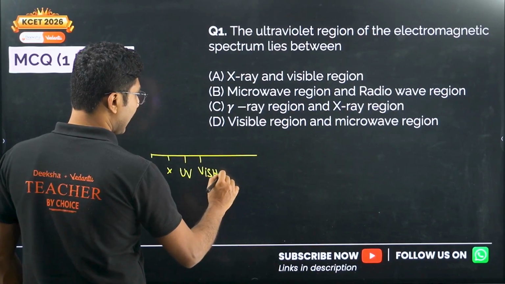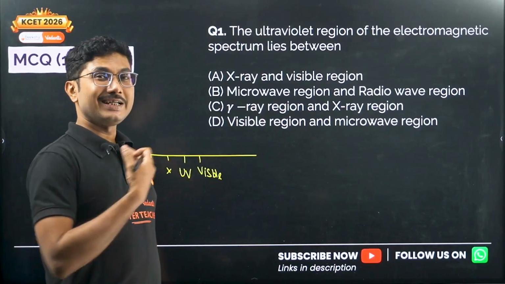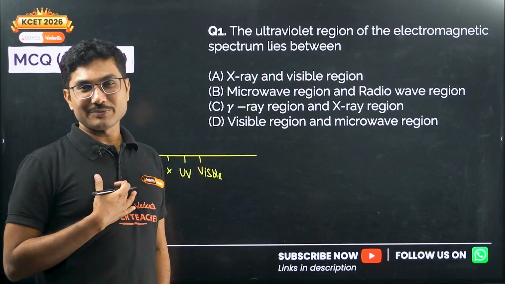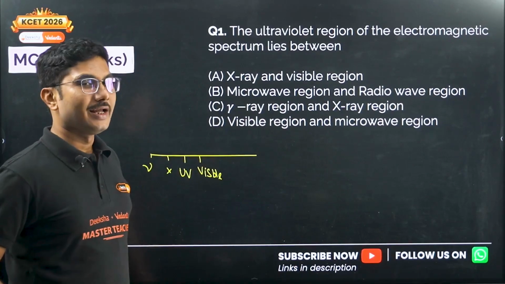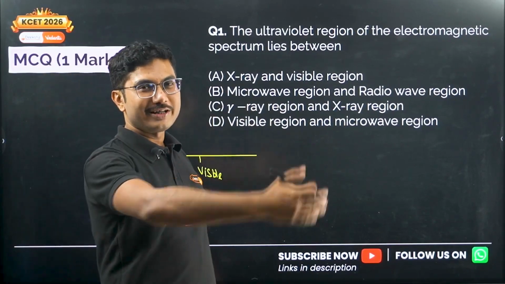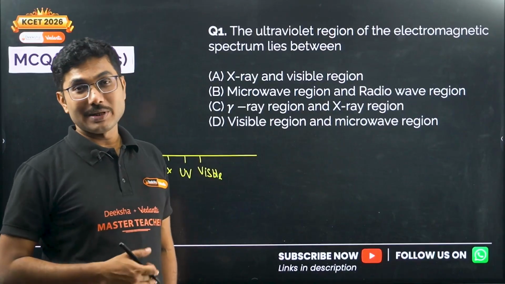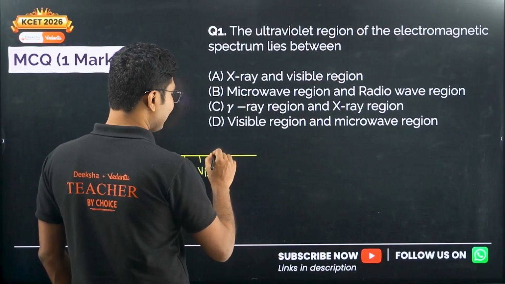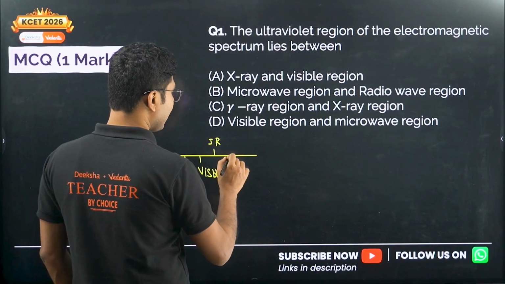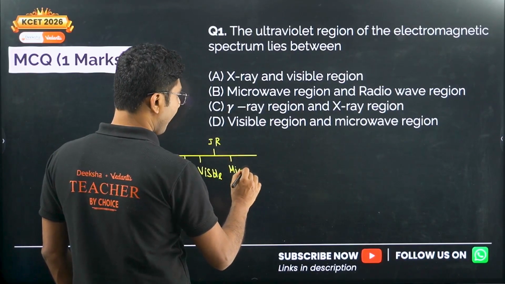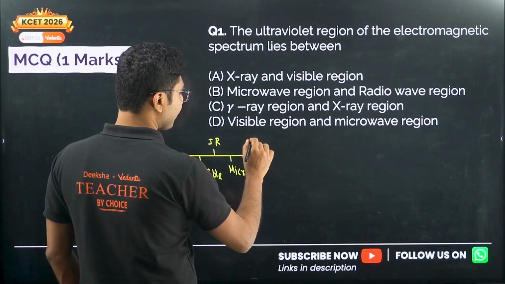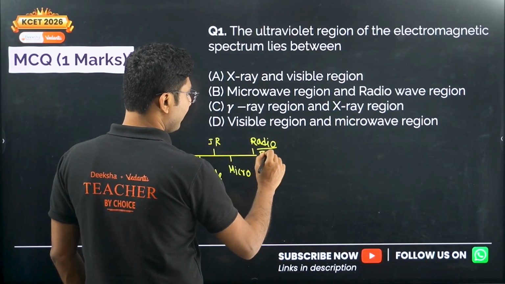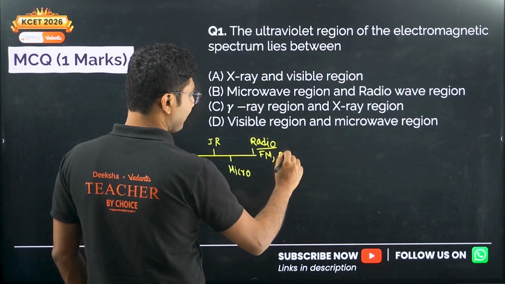Visible means the light that we see, the light that you are seeing right now, because I am recording in the visible region of the wavelength, that's why you are able to see me. If I were recording in UV rays or infrared rays, you would not be able to see me. So after UV is visible, then we have infrared ray, then microwaves, and then radio waves. In the radio wave, first comes FM and then comes AM.